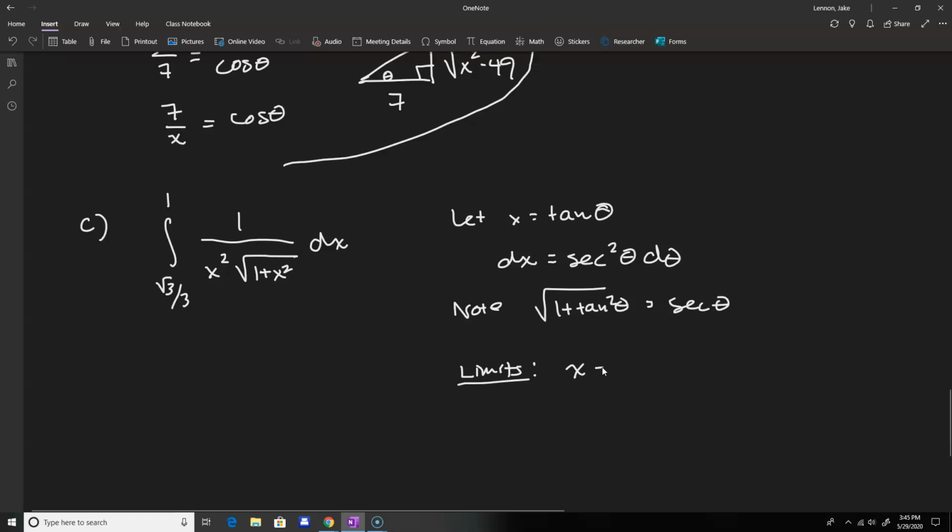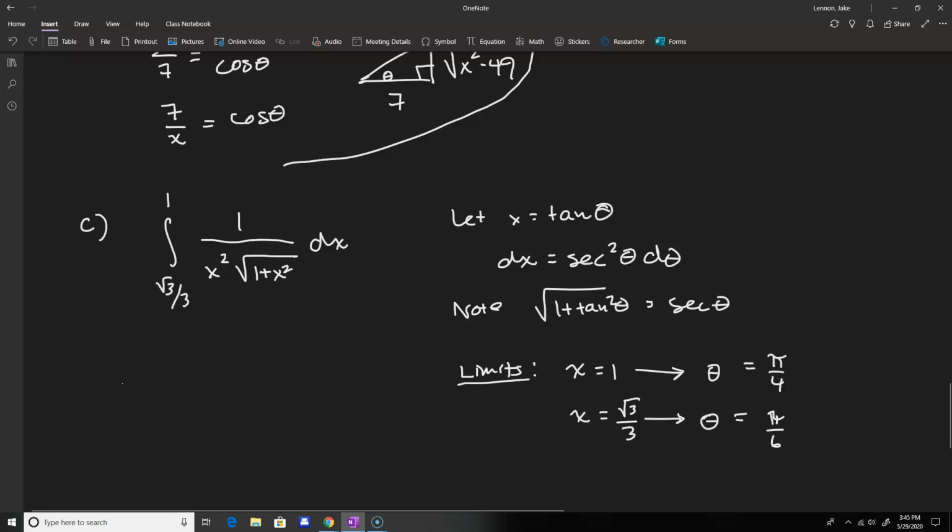So x equals 1 corresponds to theta equals pi over 4, and x equals the square root of 3 over 3 corresponds to theta equals pi over 6. Again, you're just plugging those into the original identity: 1 equals the tangent of theta and solving for theta, and square root of 3 over 3 equals the tangent of theta and solving for theta.